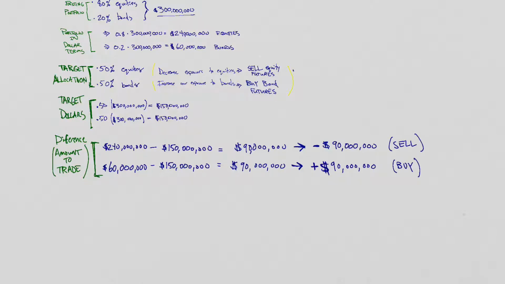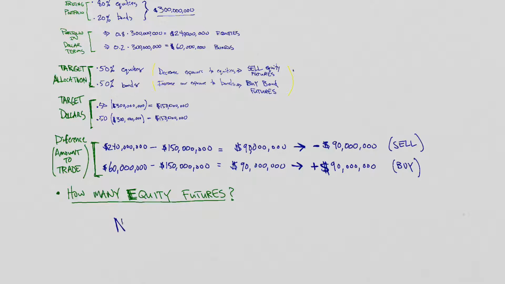The only question then is how many futures contracts it's going to take to get to that. Let's start with calculating the equity futures position, how many equities we need to sell first off. And to do that, we can use this formula.